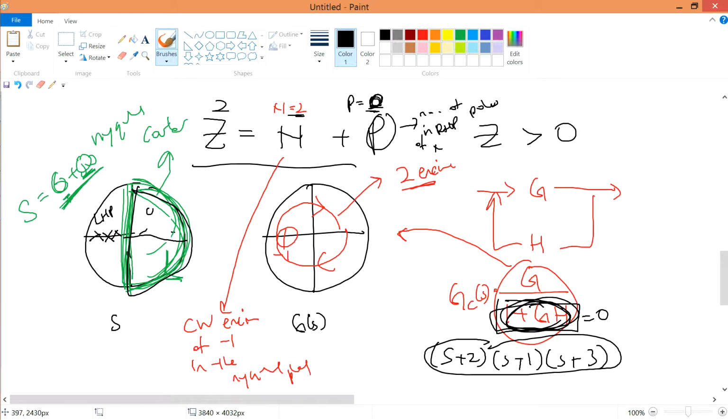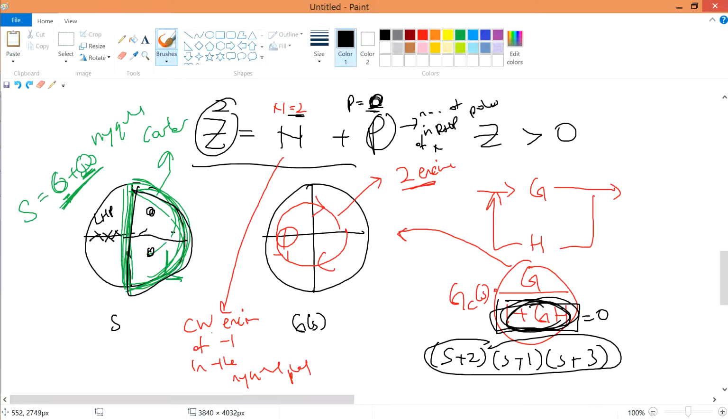This means that there will be 2 zeros inside this region. And this information can be reflected if you were to solve for the roots of the zeros over here. You get what I mean? And if that Z is more than 0, in this case 2 is more than 0, then it's unstable. That's just the meaning of it.